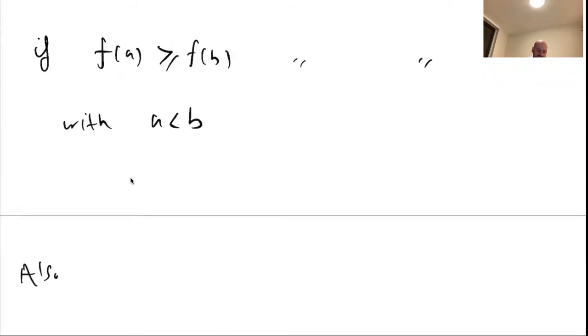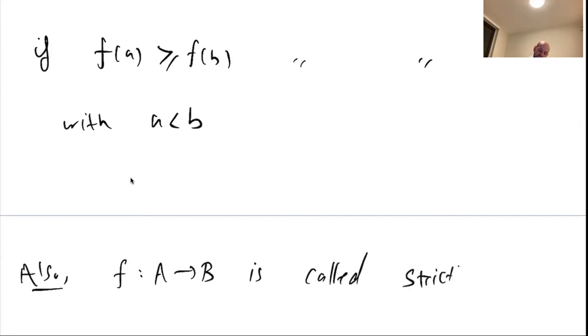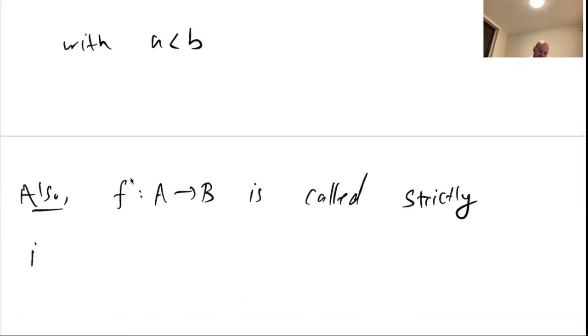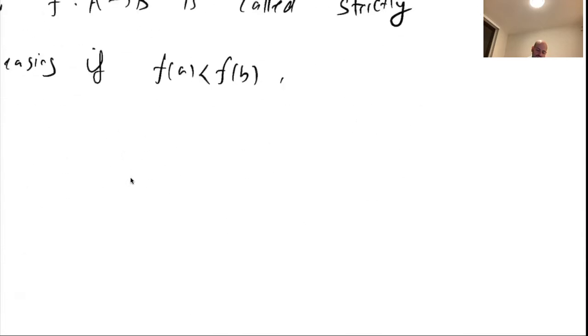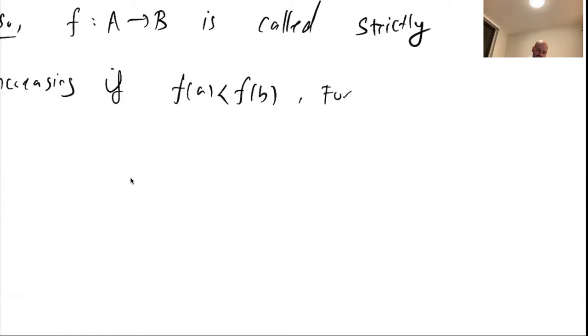So also, f from A to B is called strictly increasing if f(a) is less than, this time, f(b) for every a and b in the domain of f with a less than b.